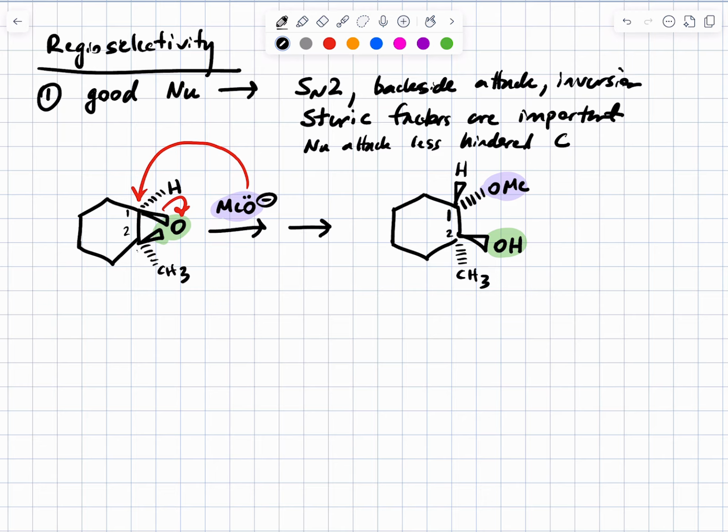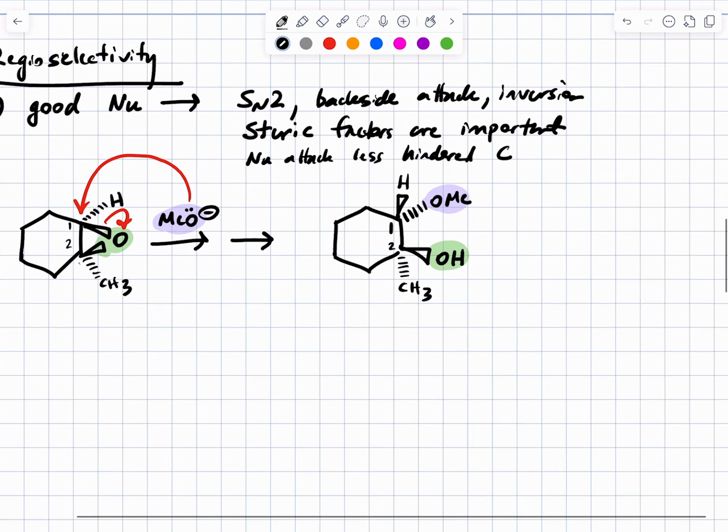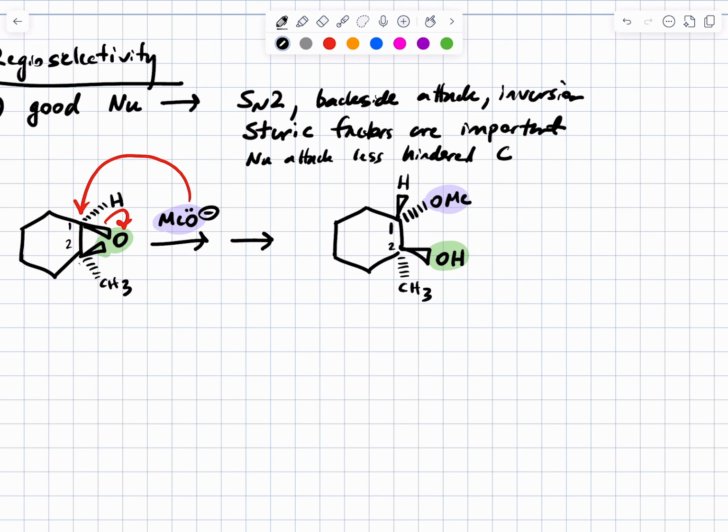The proton on carbon 1 ends up being up because of inversion of stereochemical configuration. And so this is the product. The nucleophile ends up at the less substituted carbon, and the OH of the epoxide ends up at the more substituted carbon. And again, that's purely because sterics dominate. Okay? Questions about that?